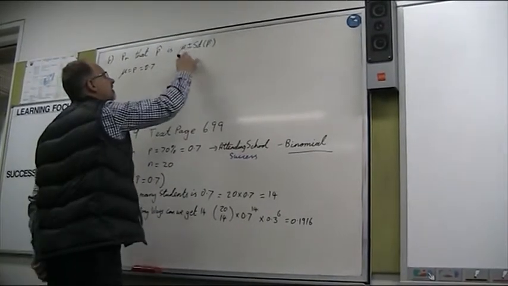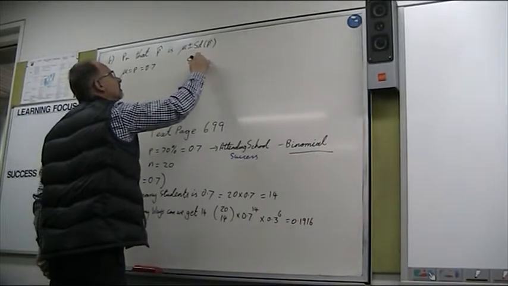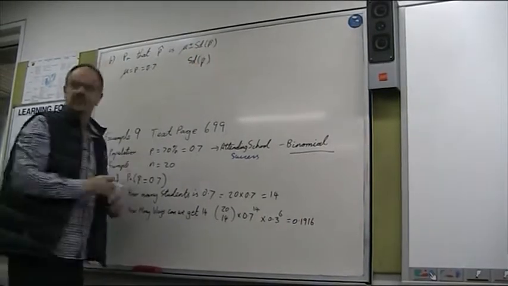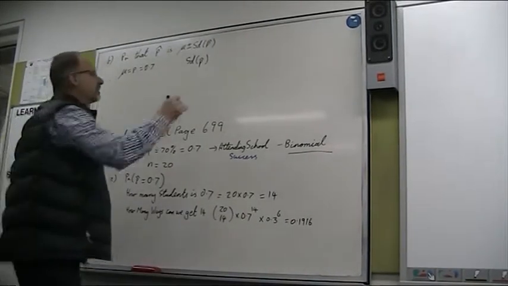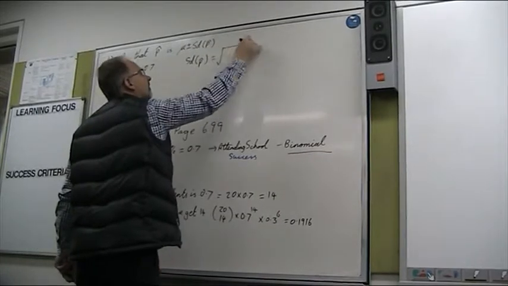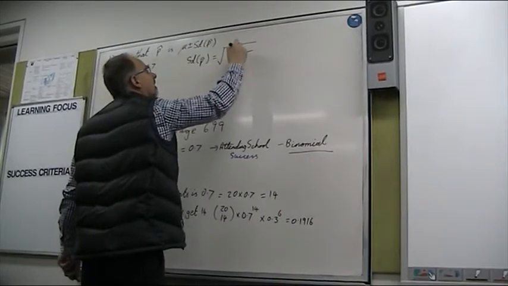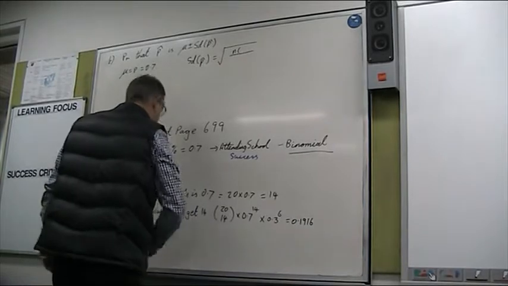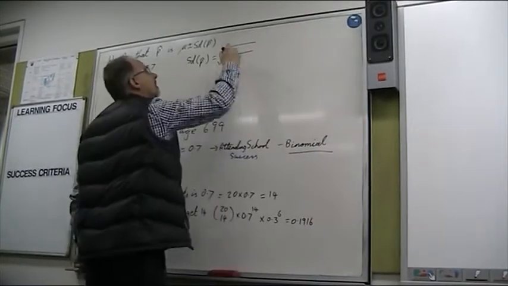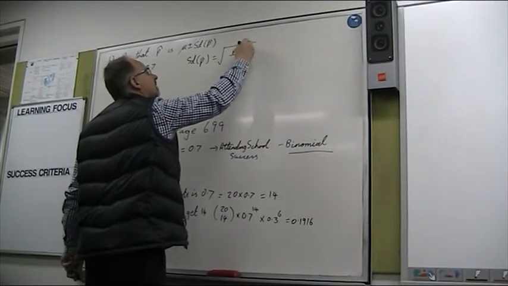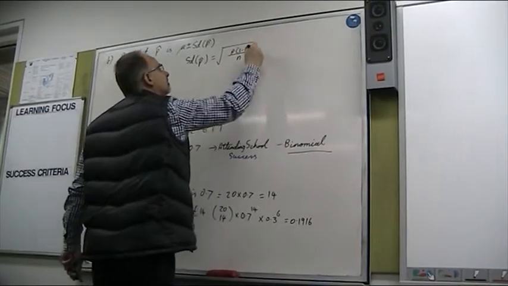The standard deviation of our sample, remember, is the square root of p, 1 minus p, over n.